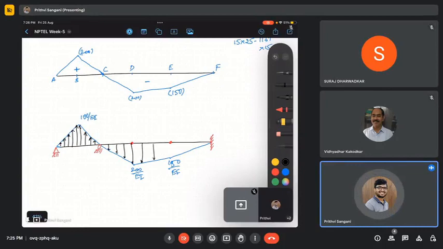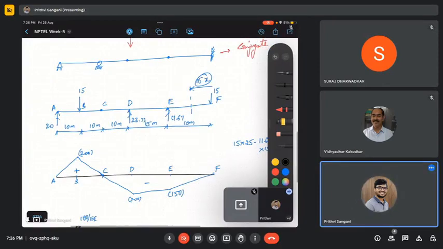So the loading is always away. Each span is called uniformly varied loads. So let us note this as A dash, B dash, C dash, D dash, E dash, and F dash.